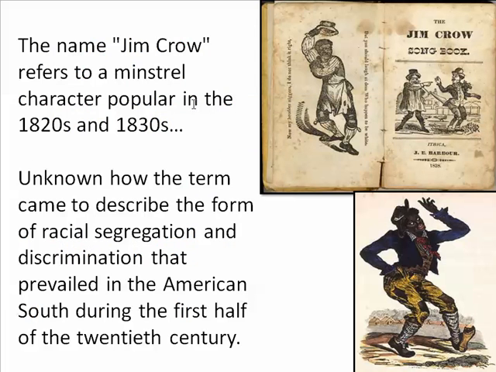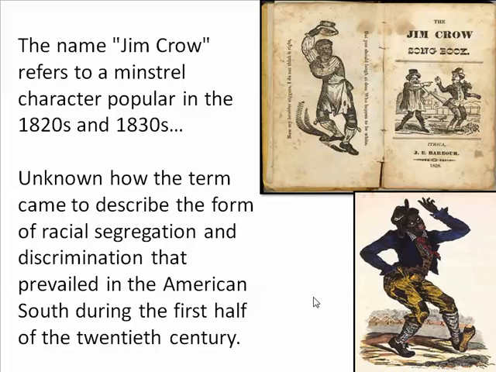And Jim Crow refers to a minstrel character. These minstrel books and songs. "My name is Jim Crow." Jim Crow's a little song created back in the 1820s, 1830s, and this character came about called Jim Crow.